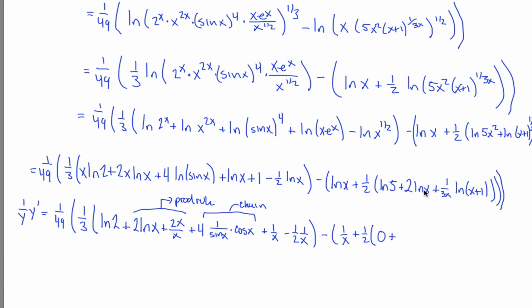Plus 2 times the derivative of natural log of x, 2 is a constant, derivative of natural log of x is 1 over x. Plus 1 over 3x times the natural log of x plus 1. I'm going to have to use the product rule there. I can think about 1 over 3x as 3x raised up to the negative 1 power. The derivative of 3x raised up to the negative 1 power, maybe I'll do it this way, is negative 1 times 3x raised up to the negative 2 power.